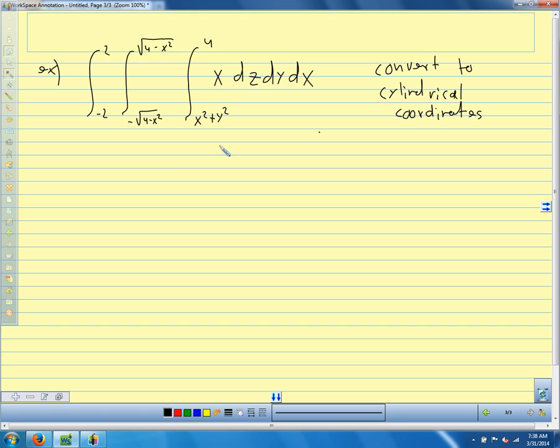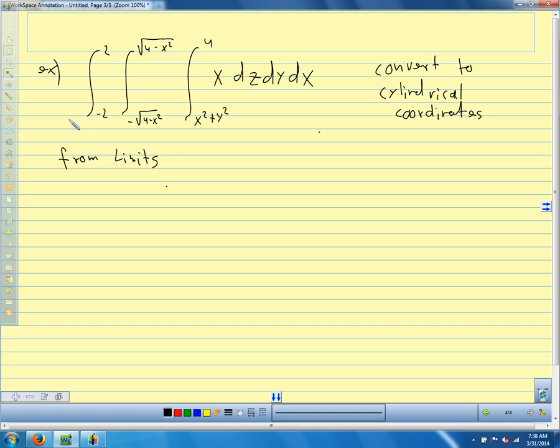We want to get an idea of what we're looking at here. Our limits of integration always tell us about our region.